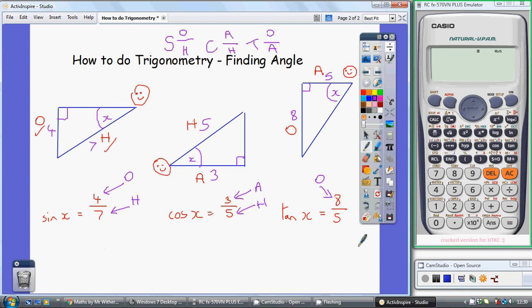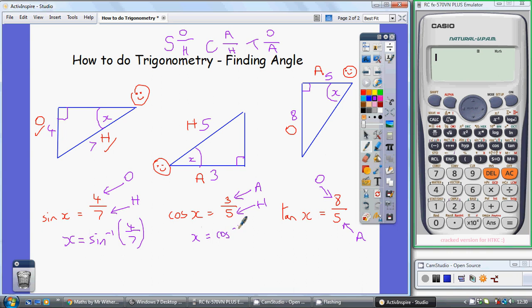Now the next thing we do is a bit of algebra. How do we undo a sin? We inverse sin. How do we undo a cos? We inverse cos, and so on. So this needs to be rewritten as x equals inverse sin 4 over 7. This has to be written as x equals inverse cos 3 over 5.